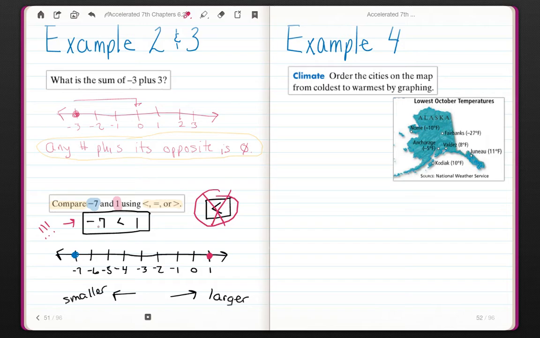Okay? All right, example 4. Order the cities on the map from coldest to warmest by graphing. So, by graphing, this is kind of my key, means I'm going to put it on a number line. So, let's start by creating my number line.